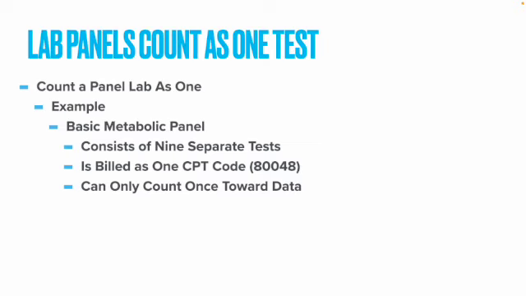Because it has one code, 80048, you can only count it once towards data. So if they order a basic metabolic panel, a comprehensive metabolic panel, a renal panel, or a lipid panel, a panel equals one point towards data. So you only get to count it once.